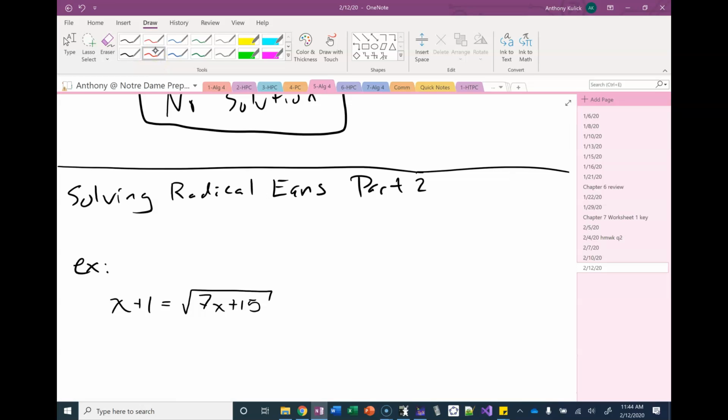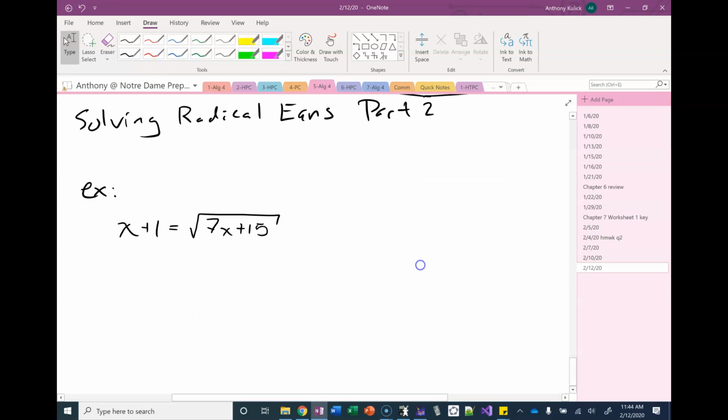The problems we're going to look at today are a little bit more complicated than the problems that we looked at yesterday. So the first example I'm going to look at is x plus 1 equals the square root of 7x plus 15. What do you notice is fundamentally different about this problem than the problems we worked on in last night's homework?